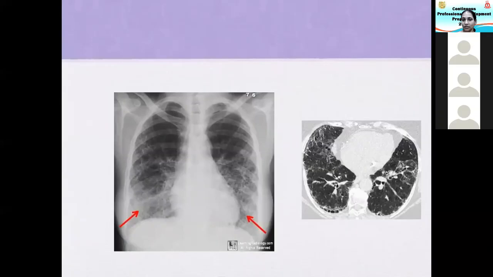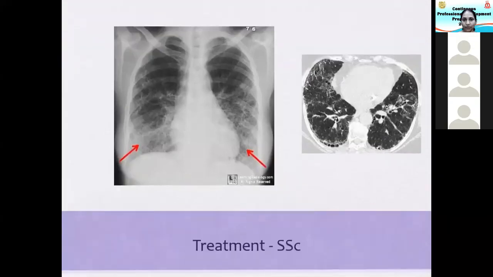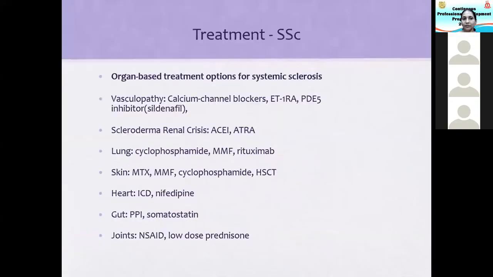Then we can do HRCT. The high resolution CT of the chest will show initially a ground glass appearance with the active inflammation, and at this stage it's important that we treat. Later on they can go to honeycombing or established fibrosis. So treatment is organ based as well as for the systemic disease.